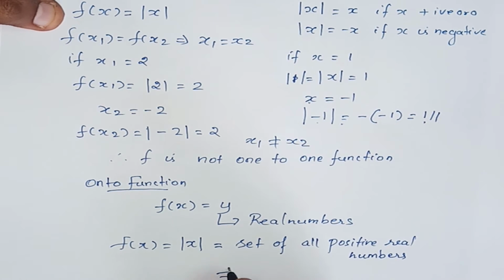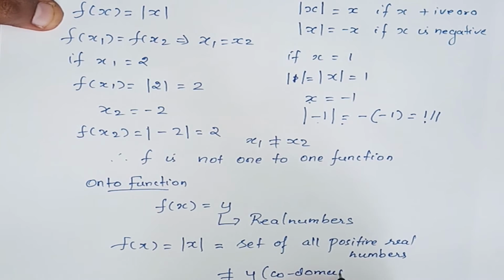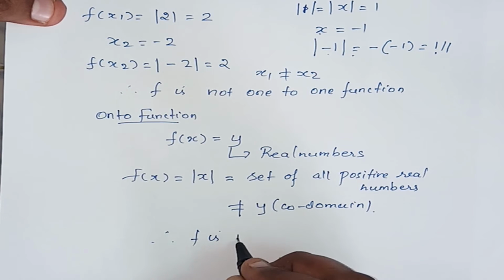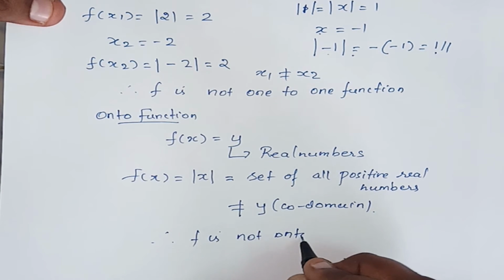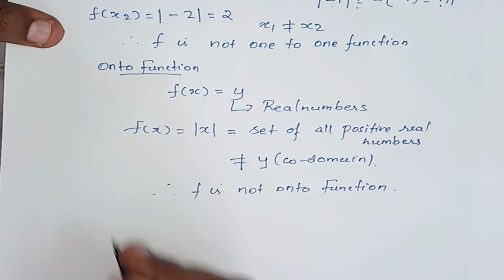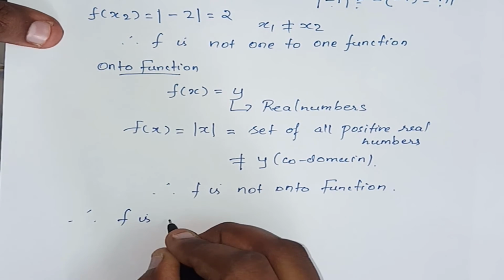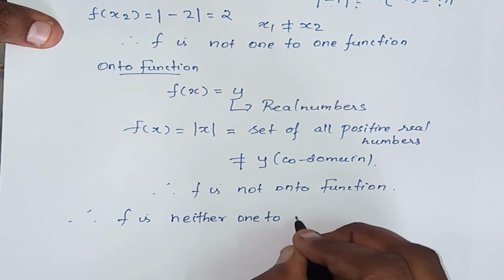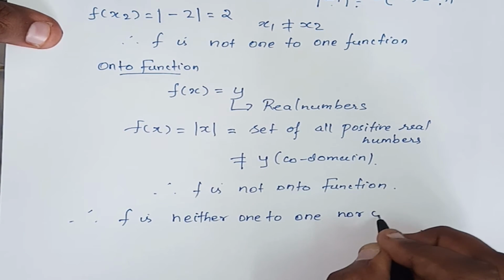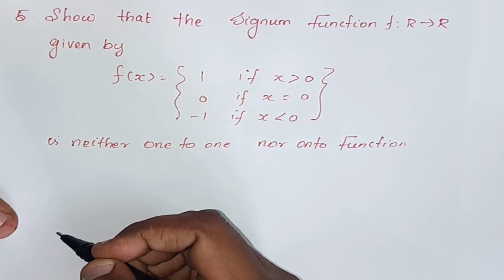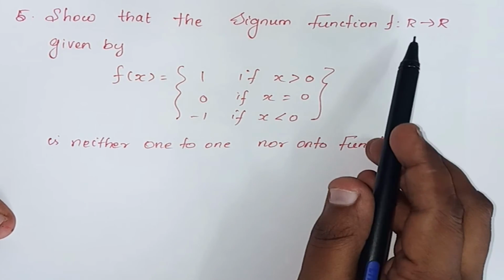So this is not equal to y, that is codomain. So this function is not onto function. So hence we proved function is neither one to one nor onto function.